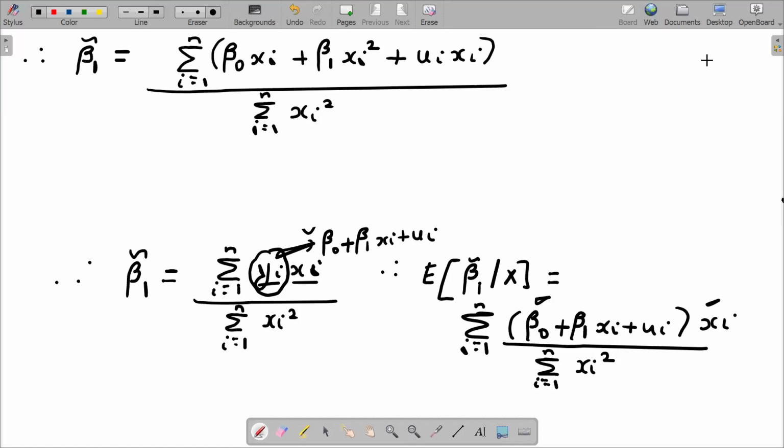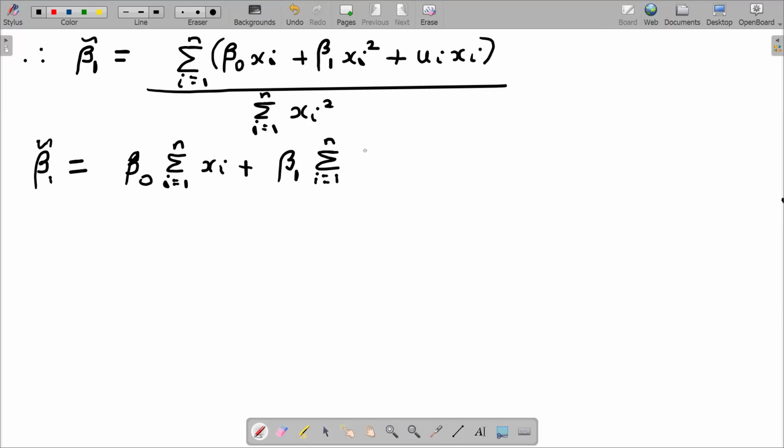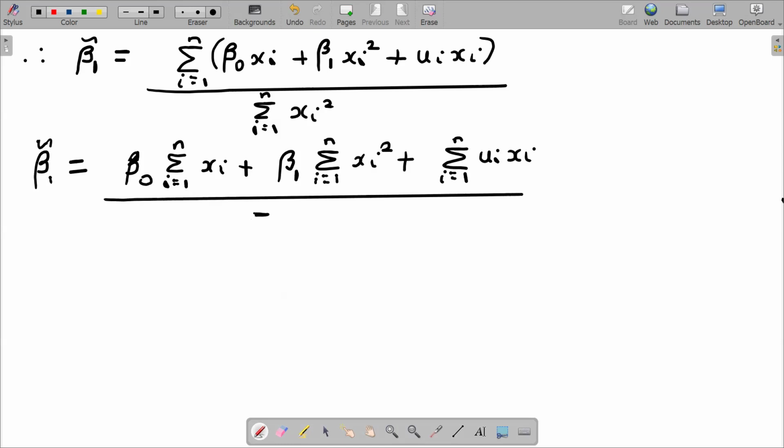So if I open up the brackets of the summation, beta 1 tilde is equal to beta naught times summation as i goes from 1 to n xi, plus beta 1 times summation as i goes from 1 to n xi², plus summation as i goes from 1 to n ui xi, whole divided by summation as i goes from 1 to n xi².